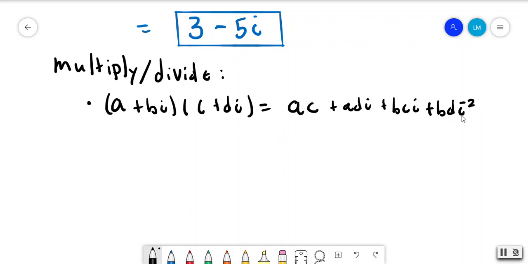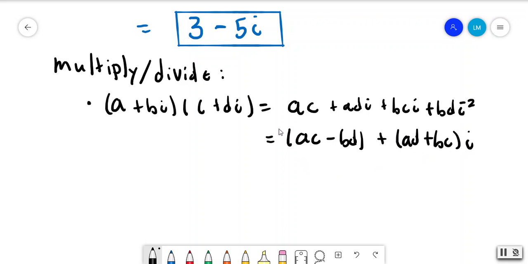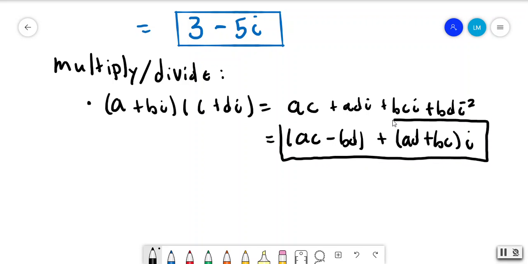But i squared is minus 1, so this gives ac minus bd, plus ad plus bc, and then you pop an i there.